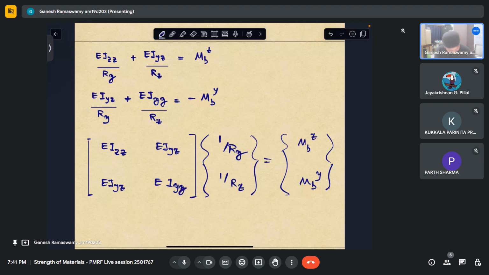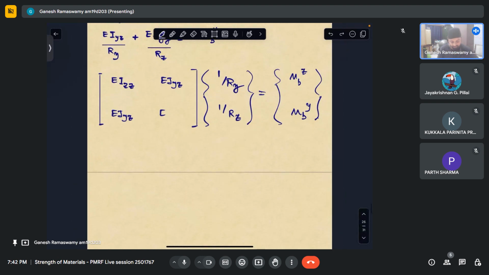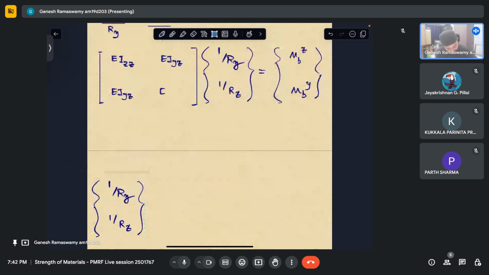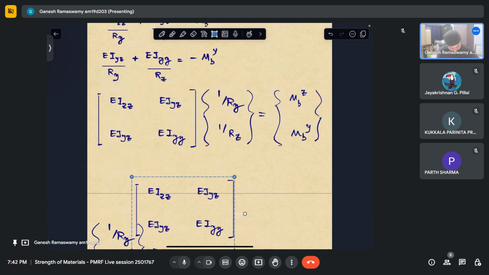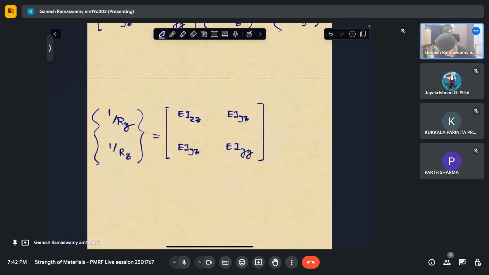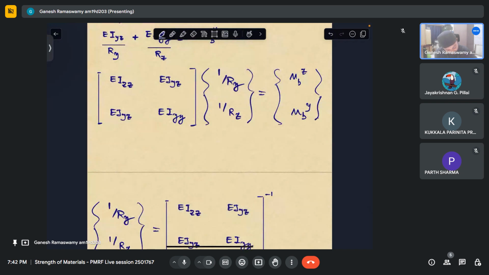So from here it is just a matter of inverting this matrix, which we can quickly do. So this is nothing but the inverse of this into this quantity.